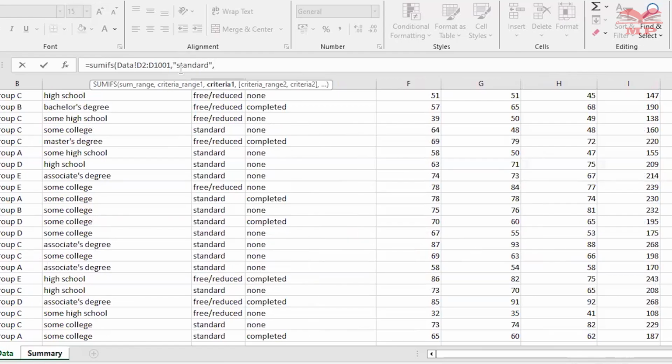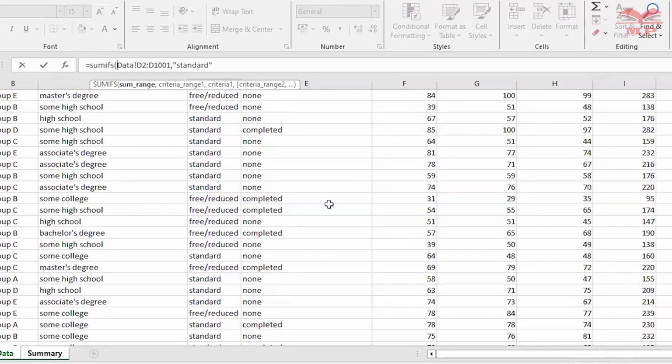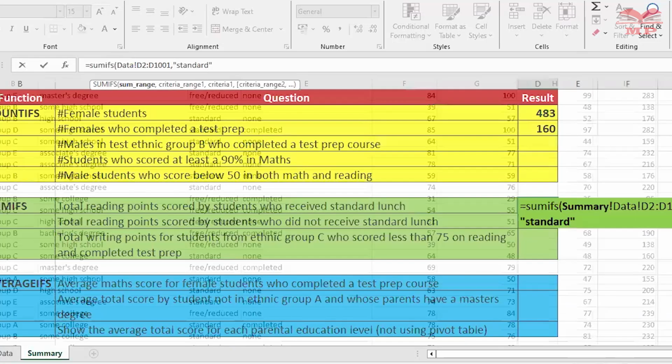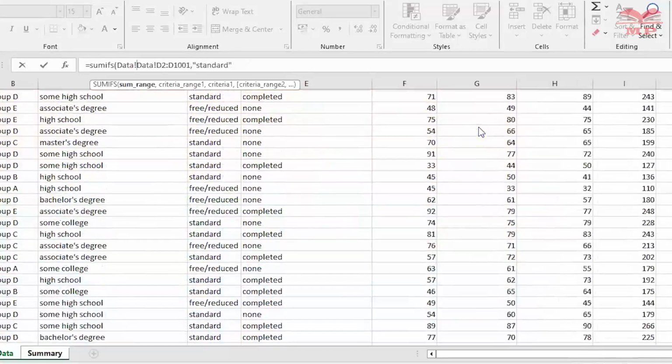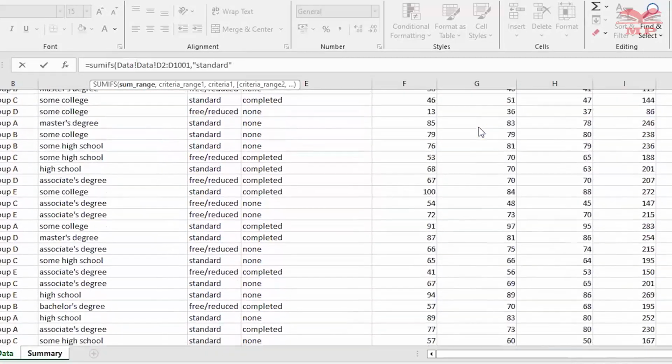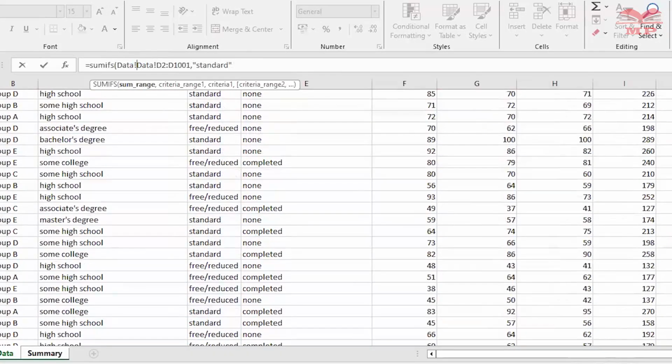Then the sum range. Okay, we have done it the other way around. This one starts with the sum range. Sum range is reading points. So we'll go to reading. Get that from up here.